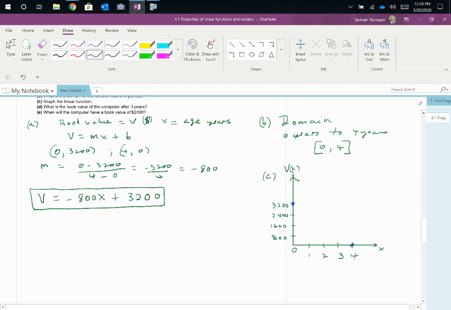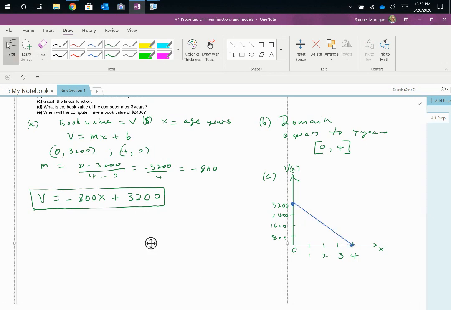At year 4, the graph is worth $0. Put a line through those points and you've got your graph.